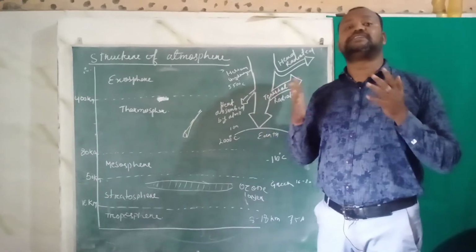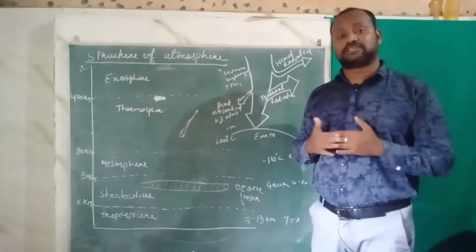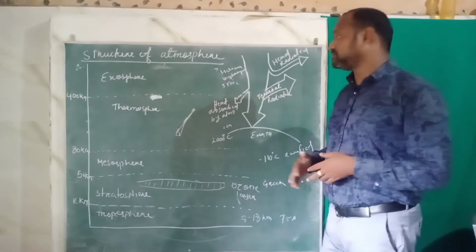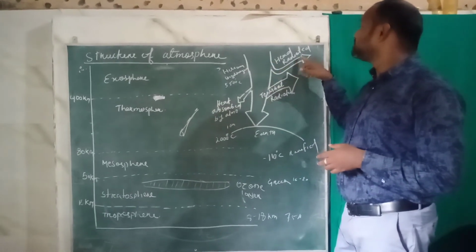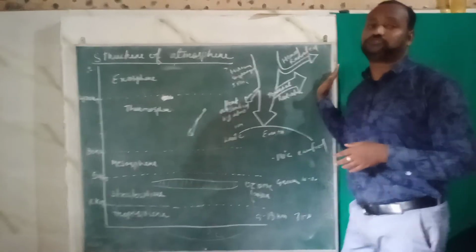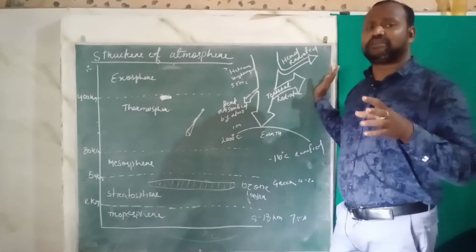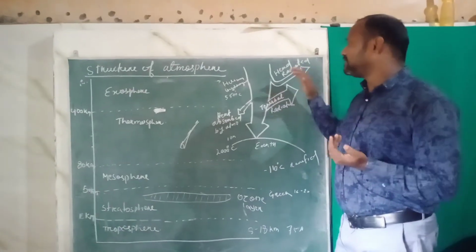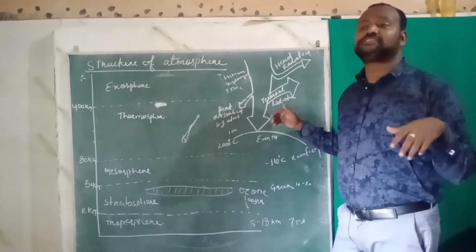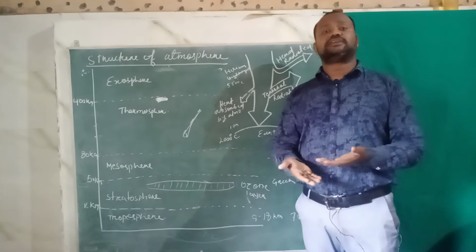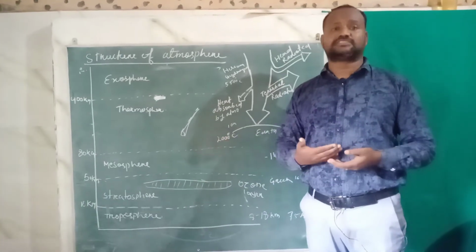Amount of solar energy received by the earth from the sun is known as insolation. So insolation, you can see some amount of energy is reflected by the atmosphere, dust particles, water vapor, ozone layer. Some amount of solar energy is radiated from the terrestrial. Terrestrial means surface of the earth.